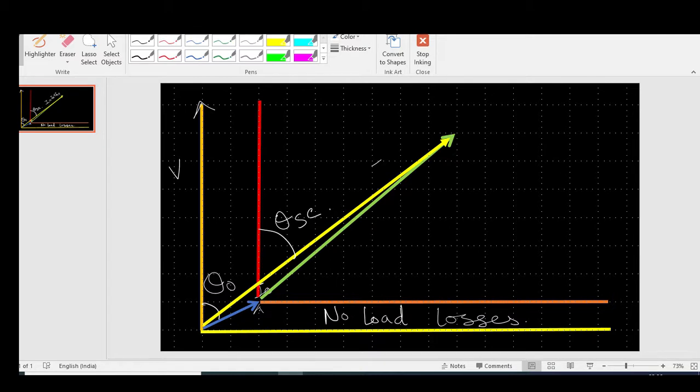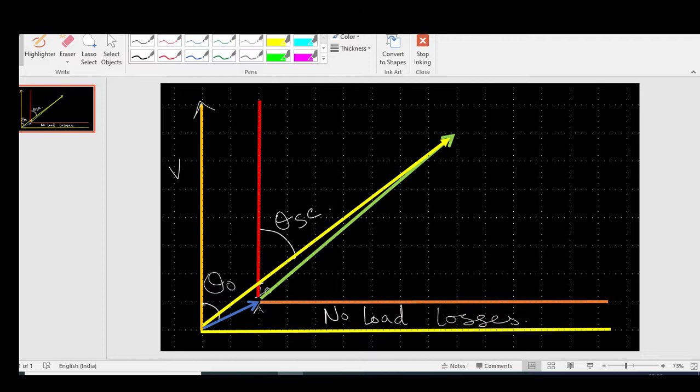This ISC is the maximum current that can be circulated through our series branch. Do remember, if you want to cross me in my defense, I will always say that this is an approximate circle diagram based on an approximate equivalent circuit.